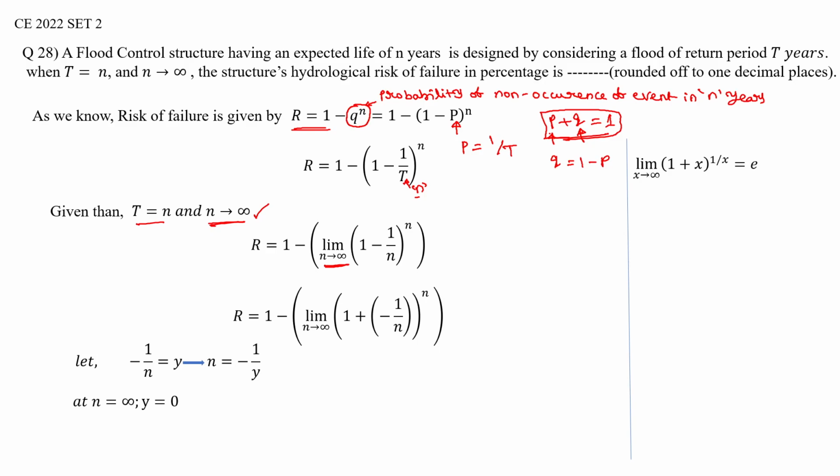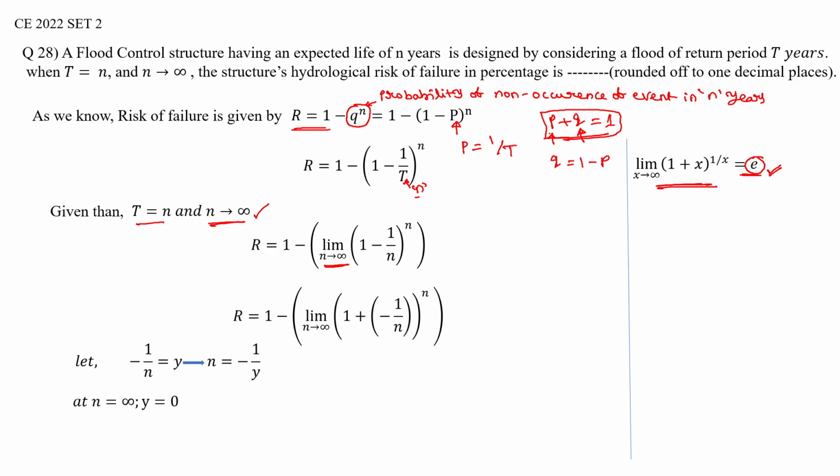Now we take this minus inside and put the plus, because we have this result from BTech mathematics: when limit x tends to infinity, 1 plus x whole power 1 by x gives the value of e. We will shuffle the terms in such a way that we can get this exponential value e. That is our aim here.